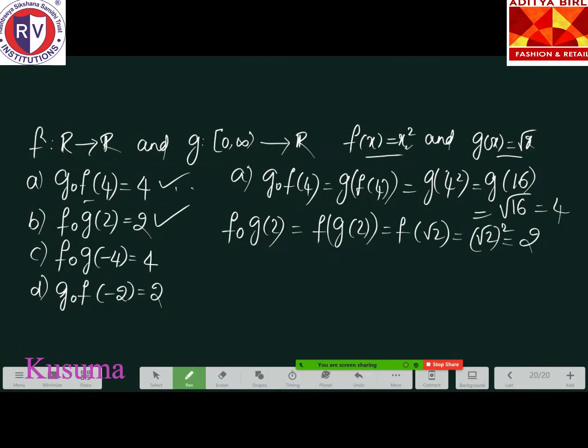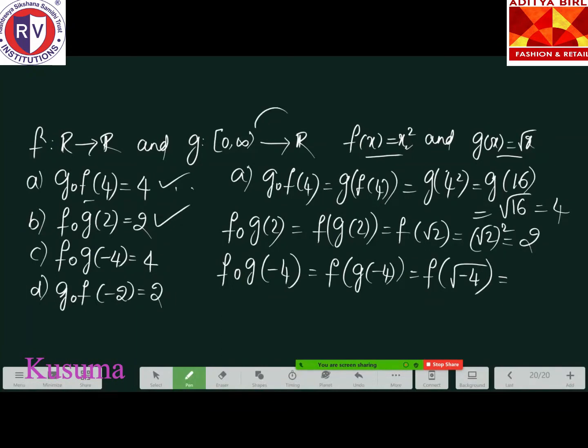What about the third statement? Let us see. F of G of minus 4. That is F of root of minus 4. G is a function which always gives a real output.